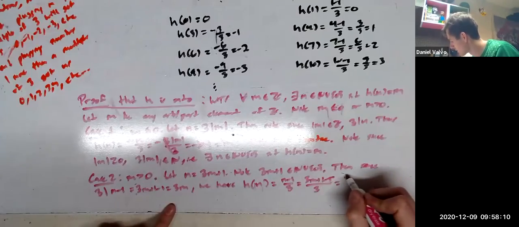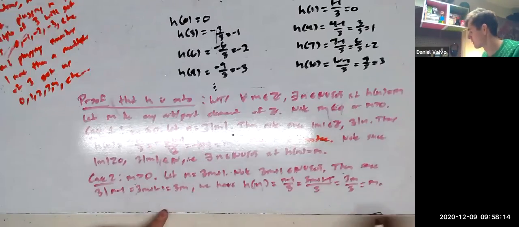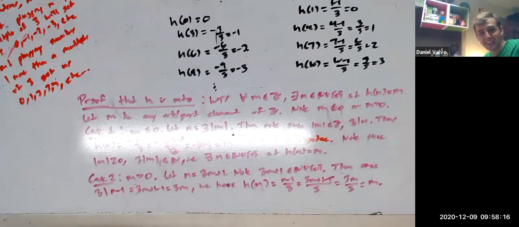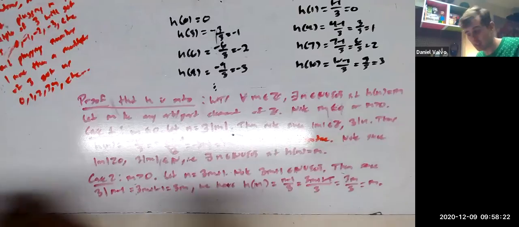Plus 1 minus 1 cancel out, so we get 3m over 3, which just equals m. Aha! So in either case, we can construct an n in the domain that we can specifically plug in to get m back.